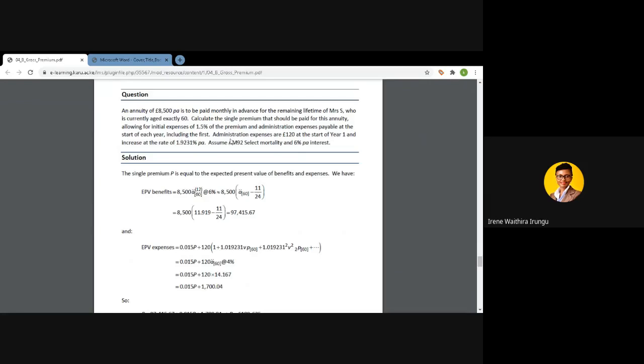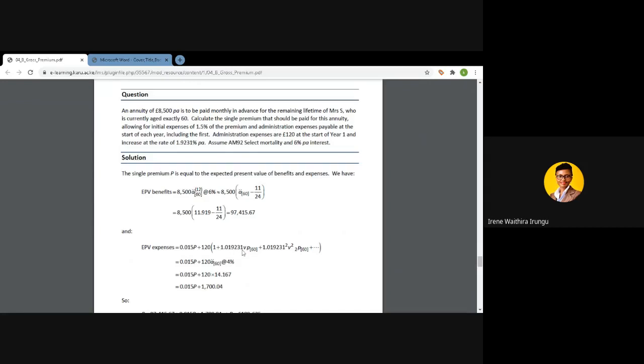These administration expenses are 120 at the start of year one, increasing at a rate of 1.9231% per annum. So if I was to write that cash flow, it will be 120 for the first year. Then the next year it will be 1 plus 1.9231%.